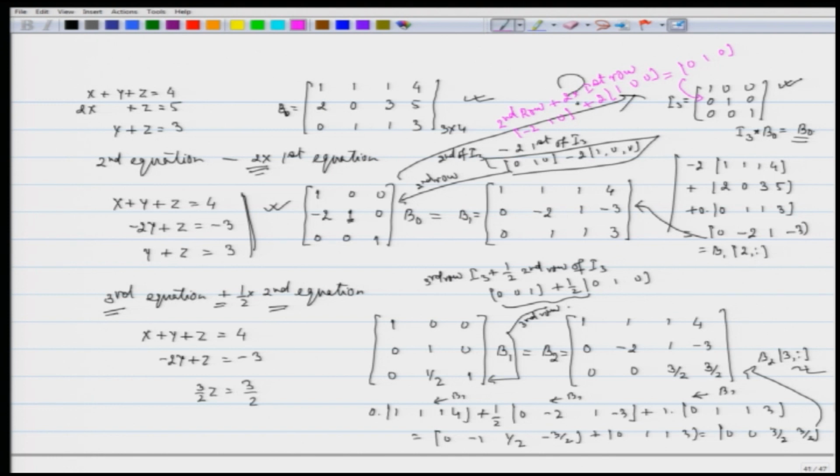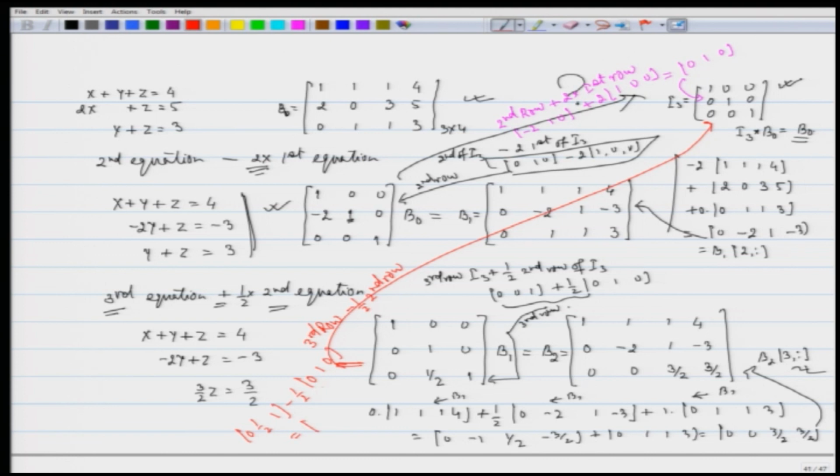Similarly, if I look at the third part here, can I from this matrix go back and get identity? So, the first two are the same, I have just changed the third row. So, again I can do the third row. So, look at third row minus half times the second row. The third row is here 0 half 1, all right, minus half times the second row 0 1 0.